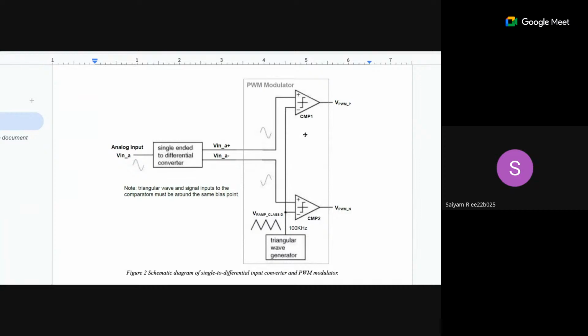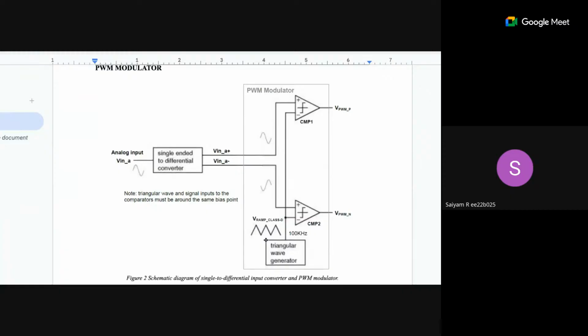Now you pass this through a comparator, and you compare this signal with a ramp which you get from the first experiment. Not signal, a ramp. I meant a triangular wave. It's a ramp function.